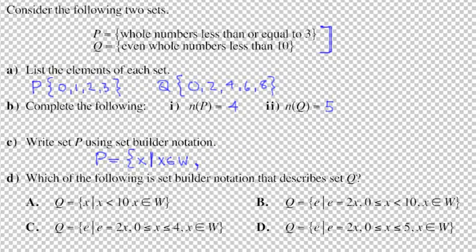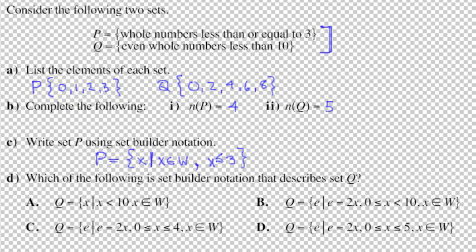I use commas. That's the end of one requirement and the start of the next one. So x has to be a whole number, and x has to be less than or equal to 3. Close curly. That's your set notation.